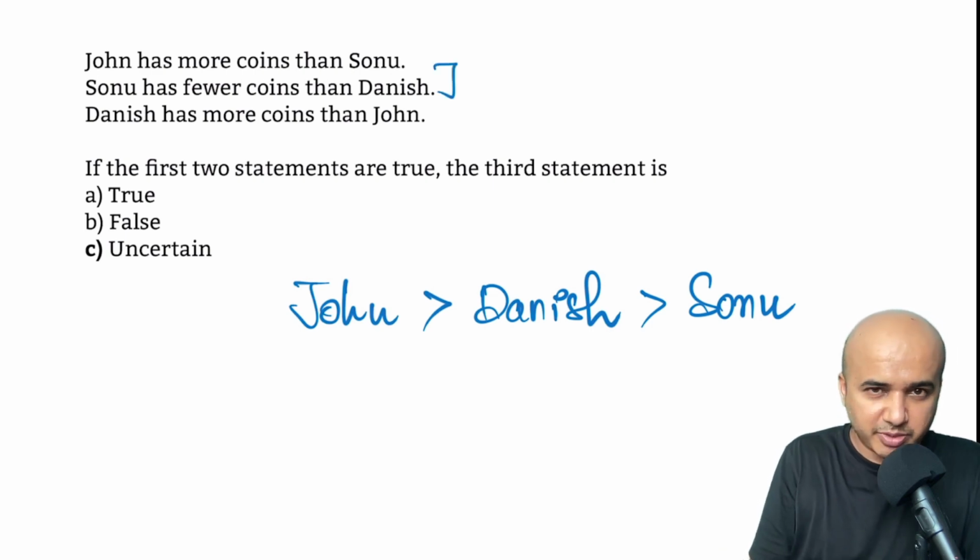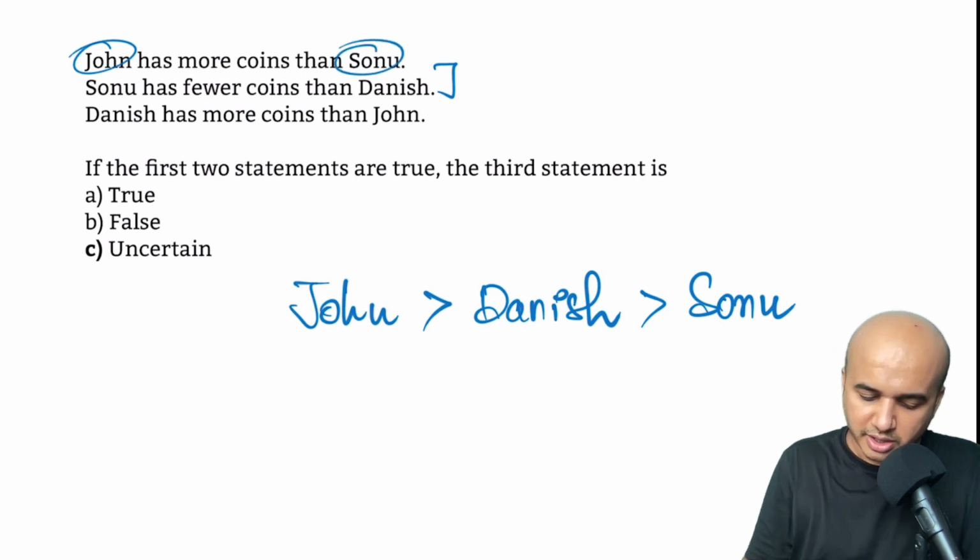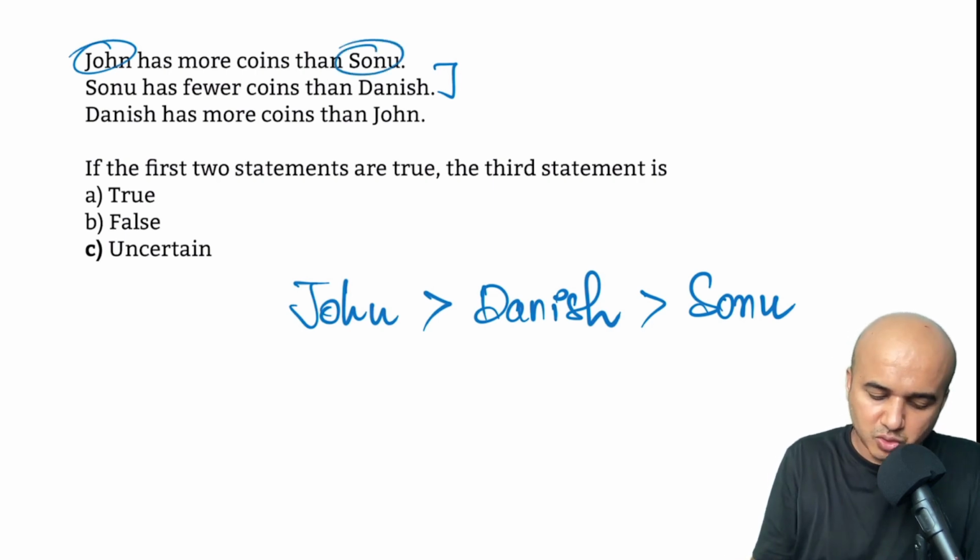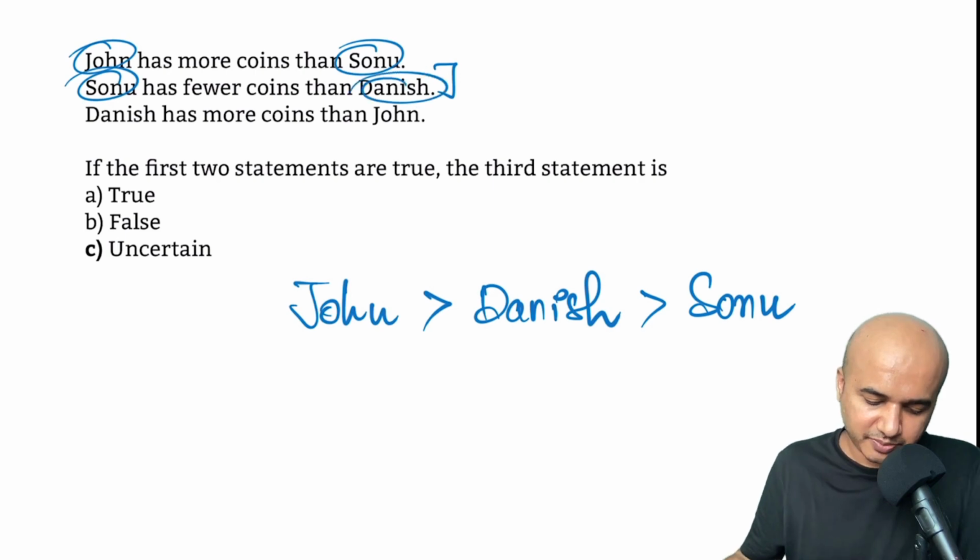Now, in the first statement, they only talk about John and Sonu. In the second statement, they only talk about Sonu and Danish. John has more coins than Sonu. Sonu has fewer coins than Danish. Danish has more coins than John.